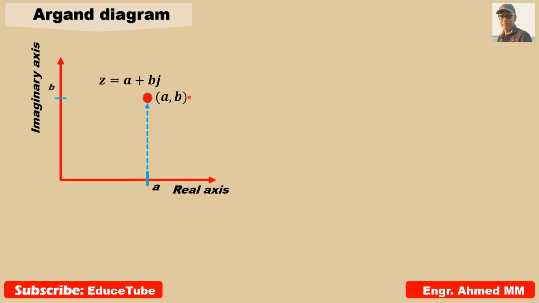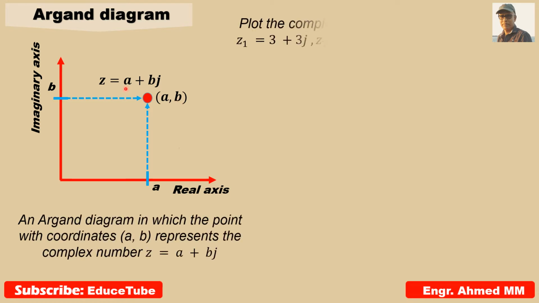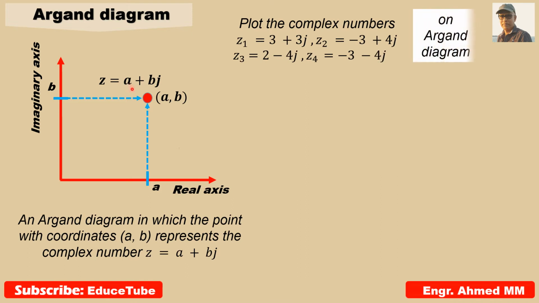point with coordinates (a, b). The real part of z, I mean a, is plotted on the horizontal axis, which I can call the real axis, and the imaginary part of z, I mean this b, is plotted on the vertical axis as the imaginary axis.